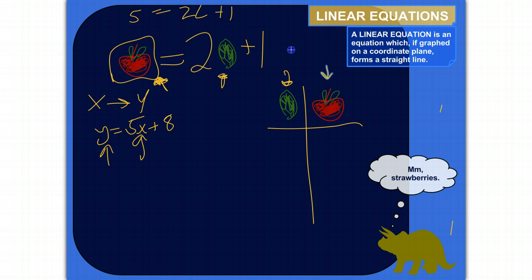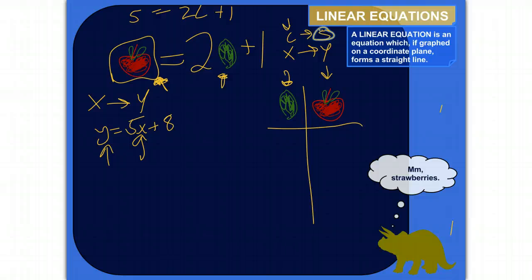So it would look like that, x becoming y if you're dealing with x and y, or leaves becoming strawberries. You put a number in for leaves, and what you get out is a number for strawberries. And we go left to right because we tend to read left to right. So that's why that's done.